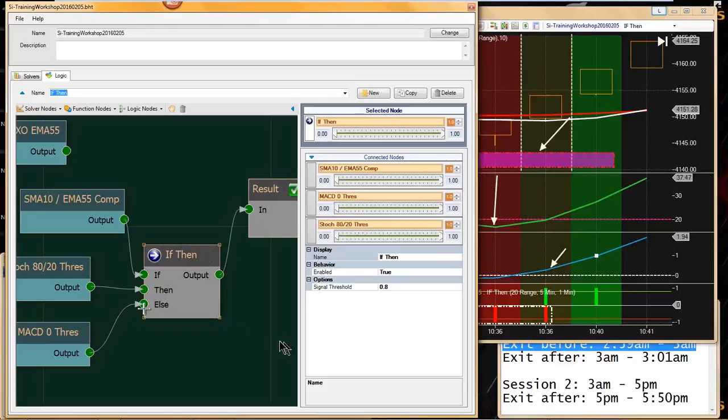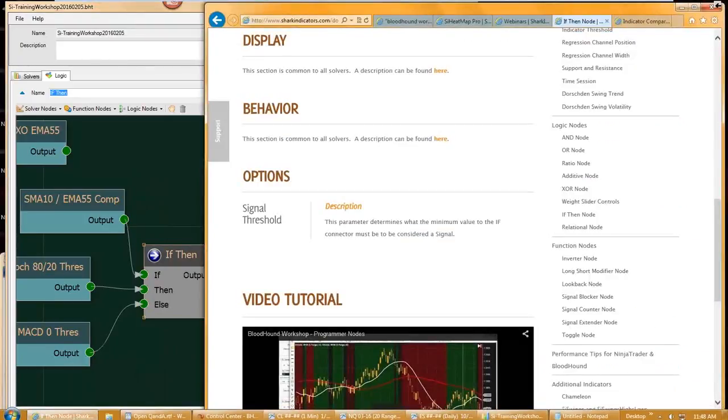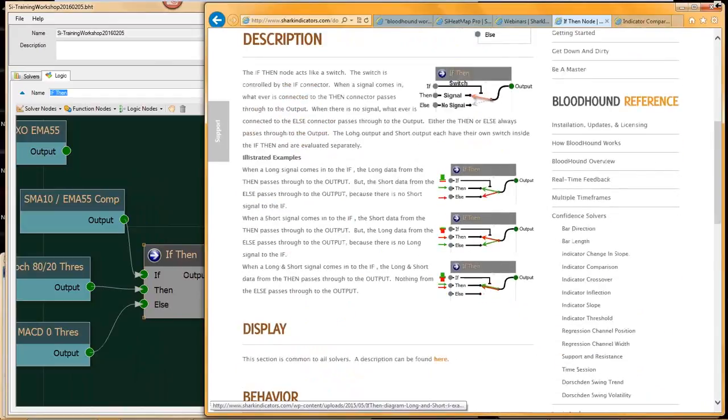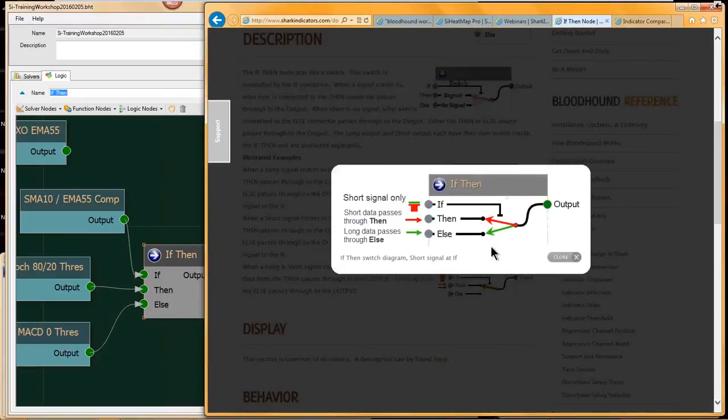It's connecting to one or the other all the time. So to bring up the graphics again, this switch always has to be connected to then or else. It has to be connected to one or the other.